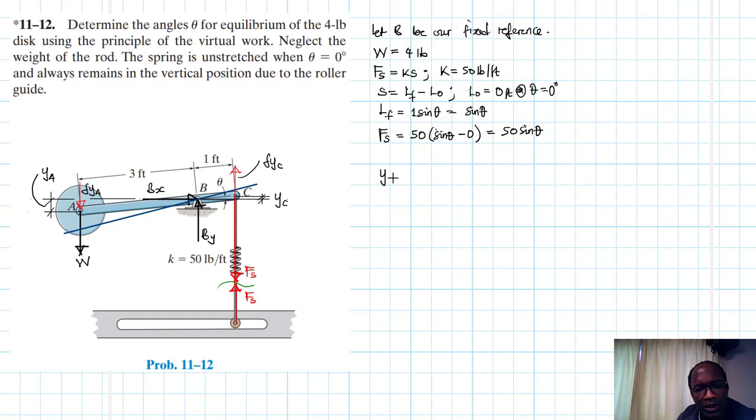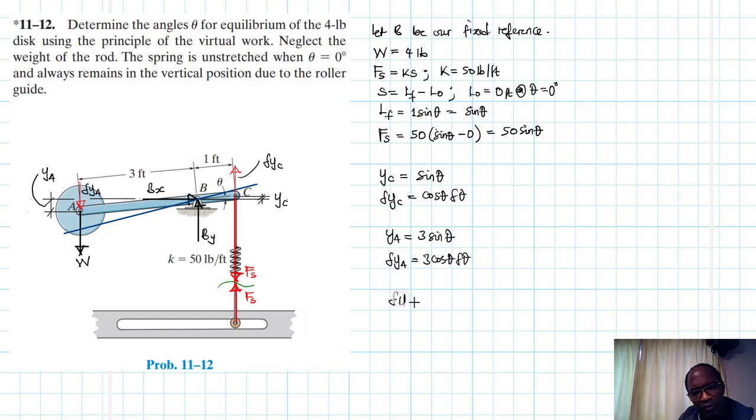Then we have YC. YC is just equal to sine theta. Therefore, the vector displacement there, del YC, will just be equal to cos theta del theta. YA is just equal to 3 sine theta. Vector displacement there, del YA, will just be equal to 3 cos theta del theta.